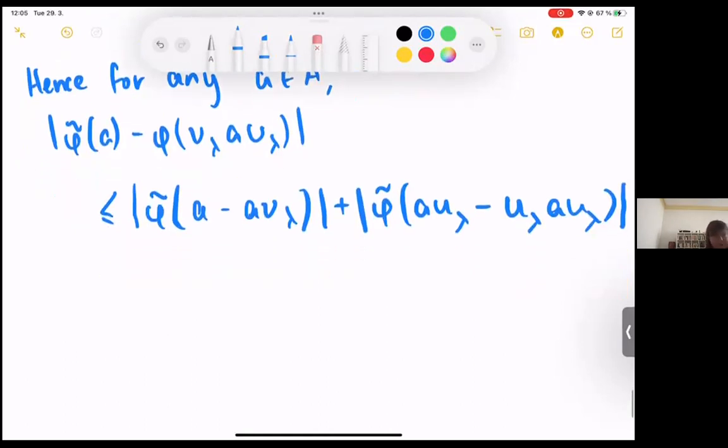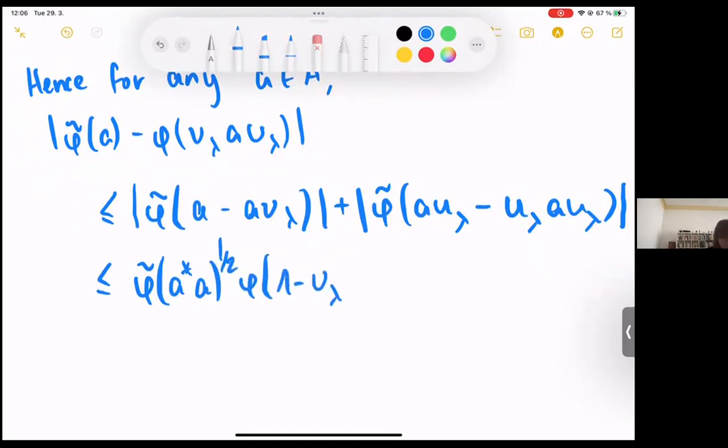And now we can use the Cauchy-Schwarz. I guess that should be properly squared here.